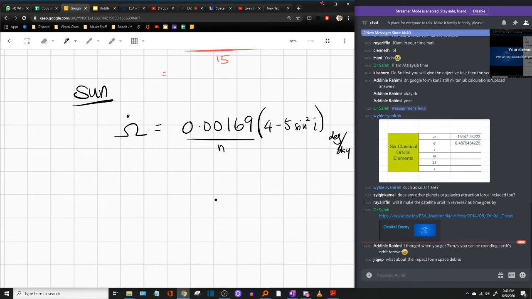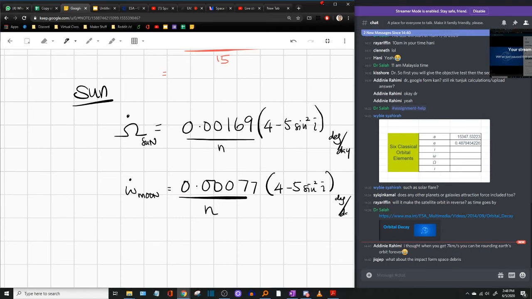And this is just like the moon. It will change by this much: sine squared i over n, and the unit is also degree per day.